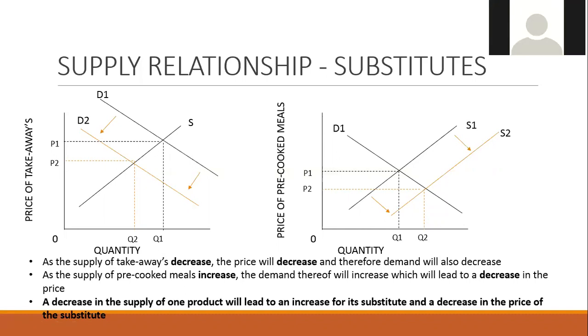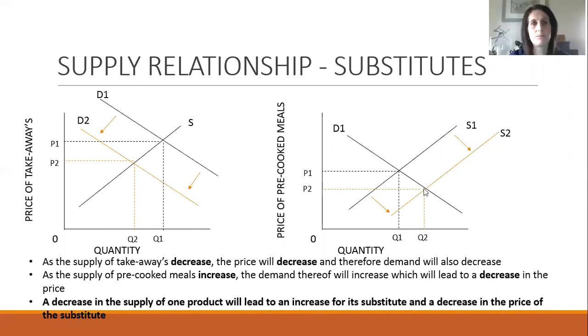But this leads to a decrease in the price of the product, because they no longer need to sell 5 meals at 10 Rand to make 50 Rand. They can sell 20 meals at 2.50 Rand to make 50 Rand, because there's a bigger demand for the product.